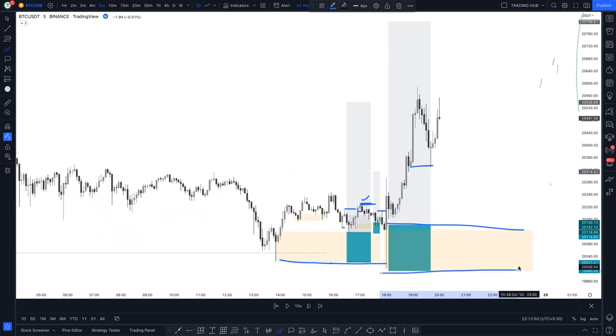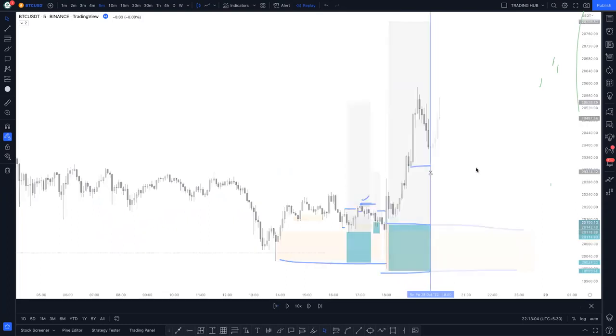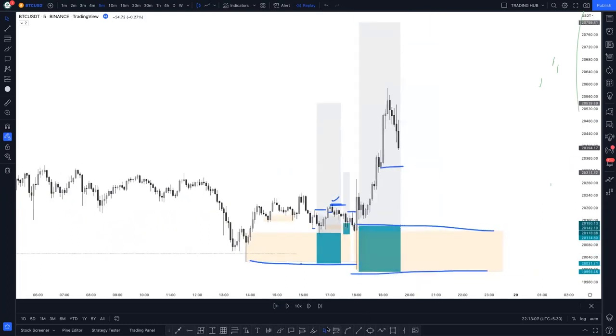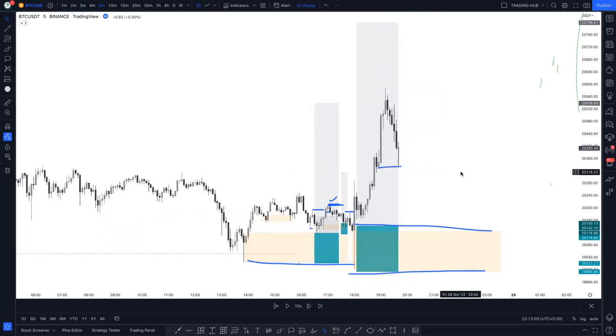On the 1 minute, when entering, yes, we will take entry with lower time frame confirmation, and we don't take entry directly here, right? Let me cut this one first. Now switch to the 1 minute.